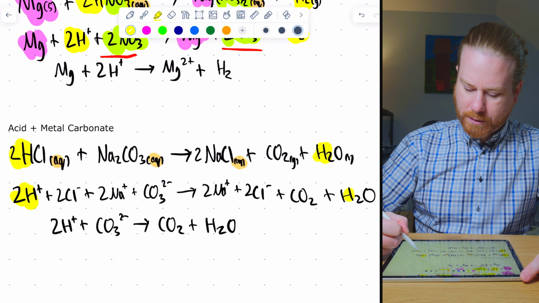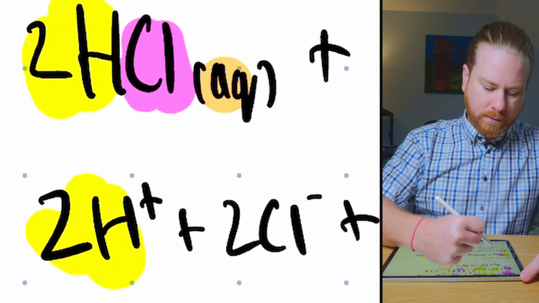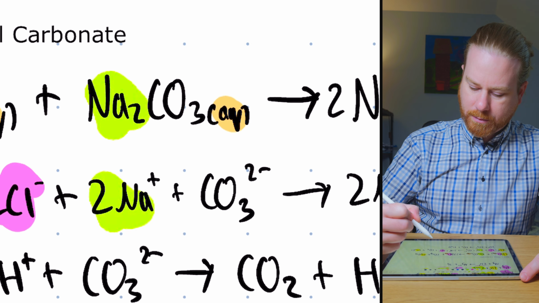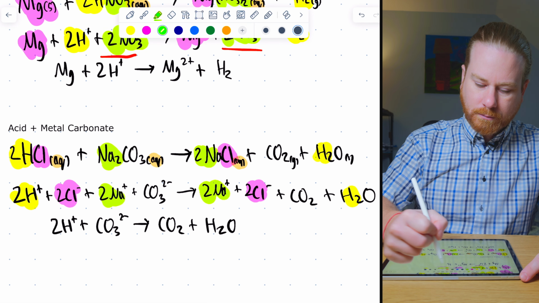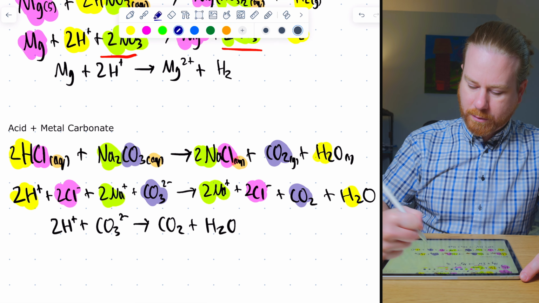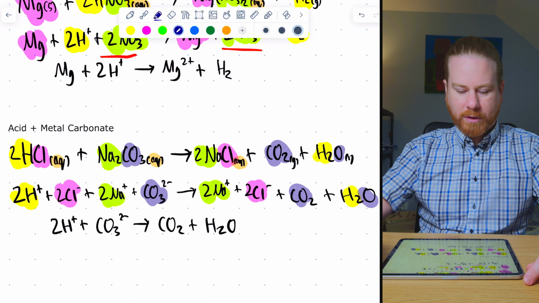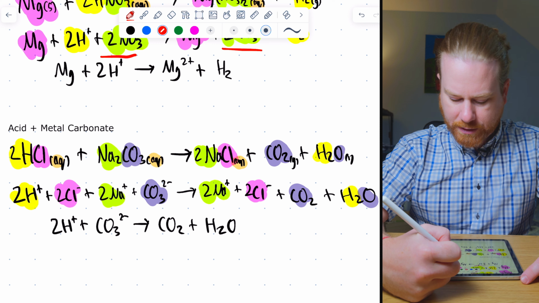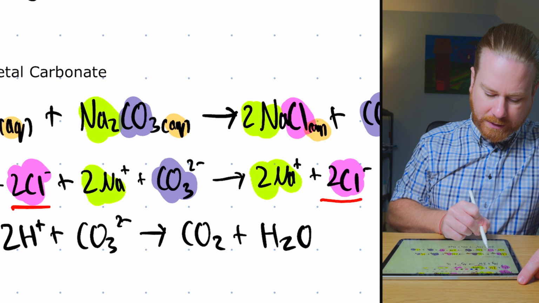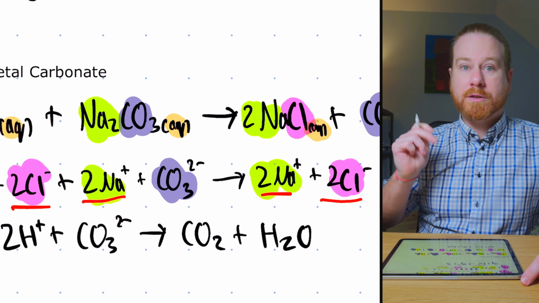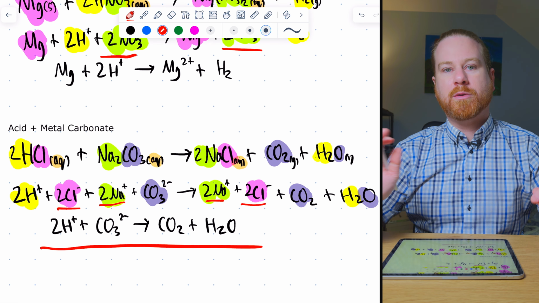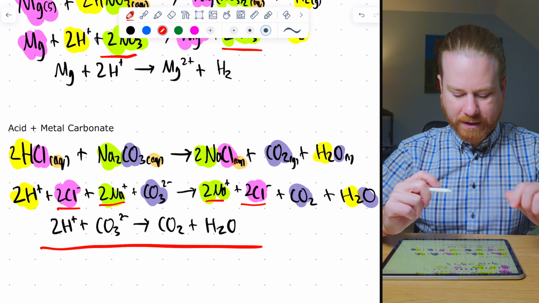So hydrogen, chloride, sodium, and carbonate being a bit awkward, but there we go. Alright, so let's see what has changed and what has remained the same. Chloride is the same and sodium is the same. So then we can get our net ionic equation written down without those spectator ions.